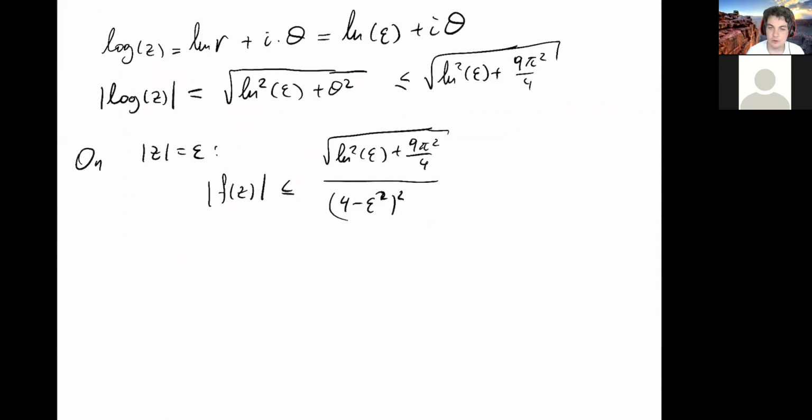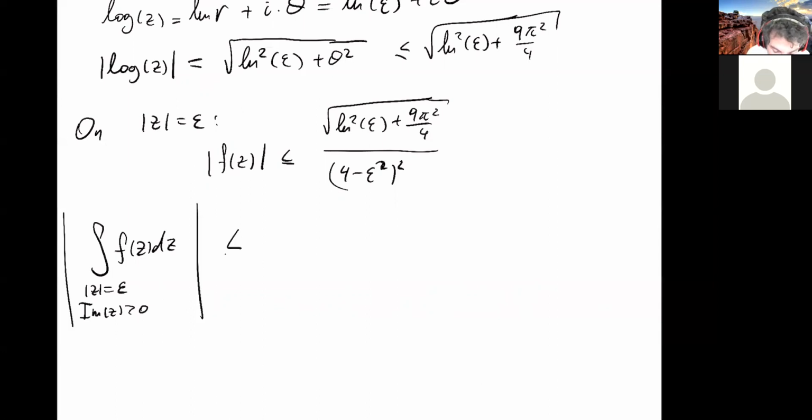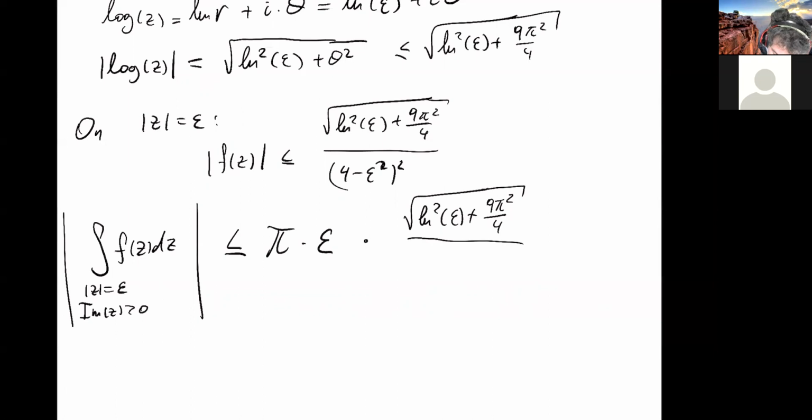And so the integral over this path, and I keep forgetting to do this, but I also need to write it on the top part, is less or equal than the length of the path times the maximal value of f of z. And this goes to 0.